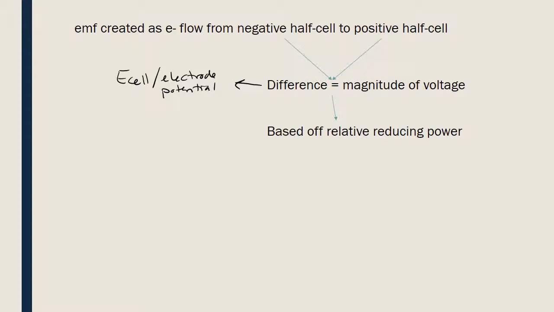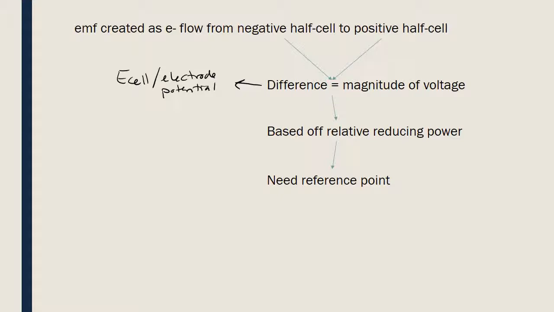Now, how do we know what this difference is? Well, it's based off the relative reducing power, so the reactivity series, and the placement of the metals and or nonmetals on that series. And for this, we need a reference point. We need to know essentially what is the 0 point, who's neutral, so we can figure out what the difference could be.